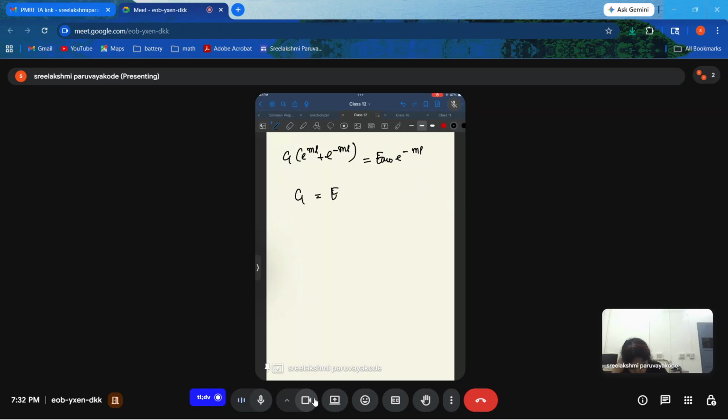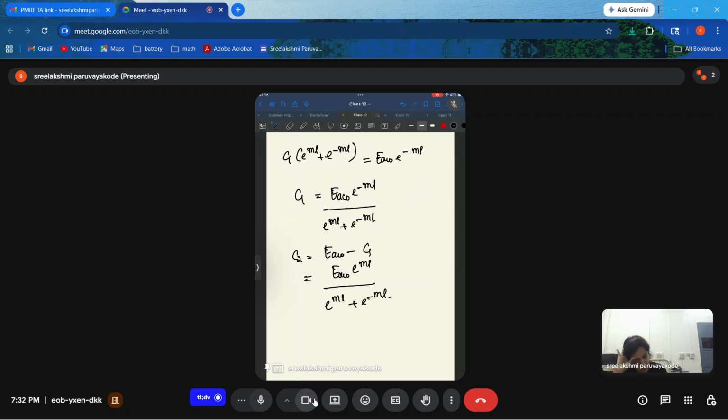C1 equal to EAC naught e to the power minus ml by (e to the power ml plus e to the power minus ml). And C2 equal to EAC naught minus C1, equal to EAC naught e to the power ml by (e to the power ml plus e to the power minus ml).